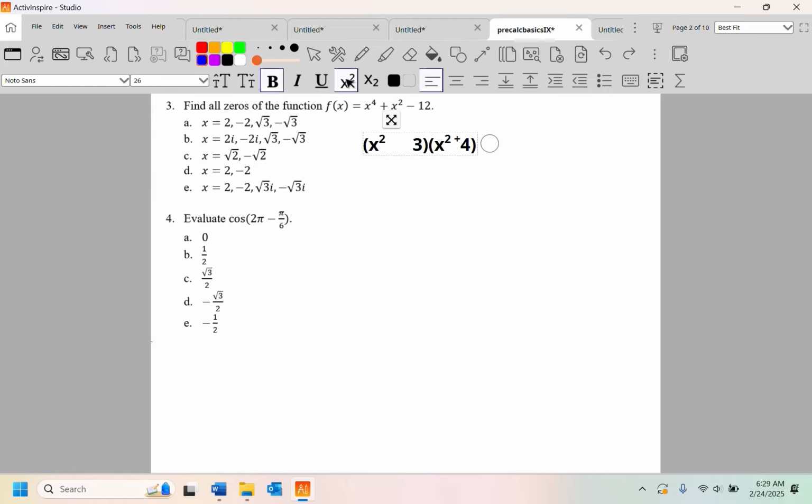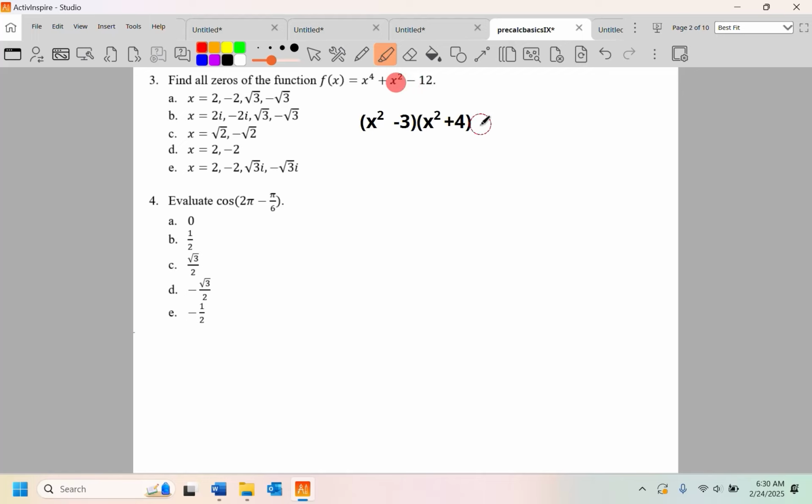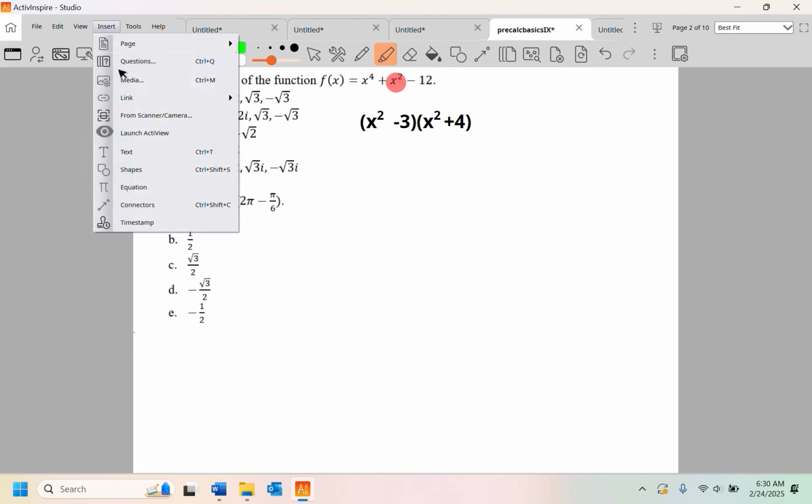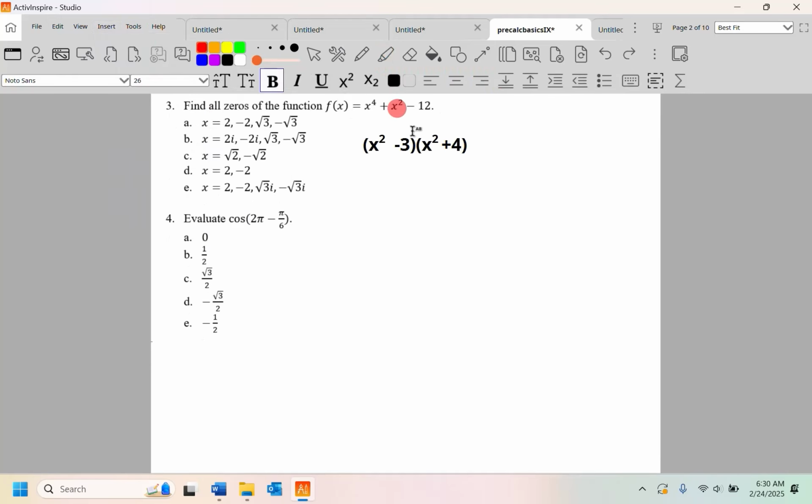I know a couple of y'all are still struggling with basic factoring. I'm struggling with typing. But you'll notice there's a 1x squared in the middle. So negative 3x squared plus 4x squared is positive x squared. This did say find the zeros, so this is equal to 0.